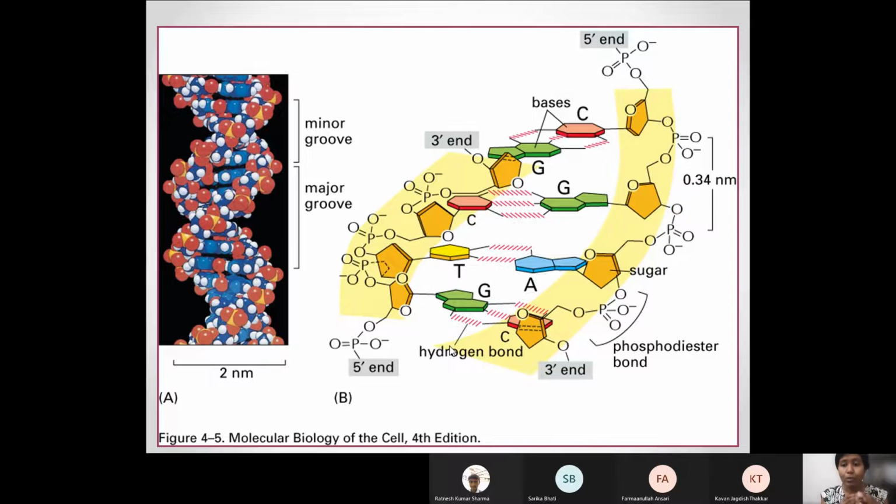And a temperature of 37 degrees is not enough to cause separation of the two strands. So how is the separation of the two strands achieved inside the cell? There must be a mechanism that separates out the two strands. And the mechanism that is used is an energy-driven mechanism by utilizing proteins called helicases.